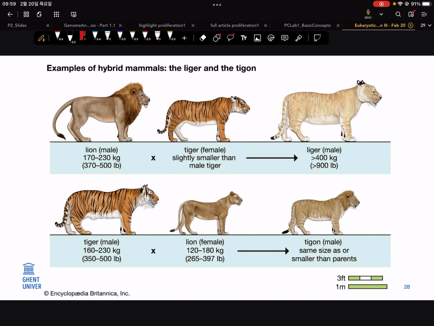The liger weighs more than 400 kilograms, while the tigon here is way smaller, typically almost the same size as the female lion, or smaller than the parents.